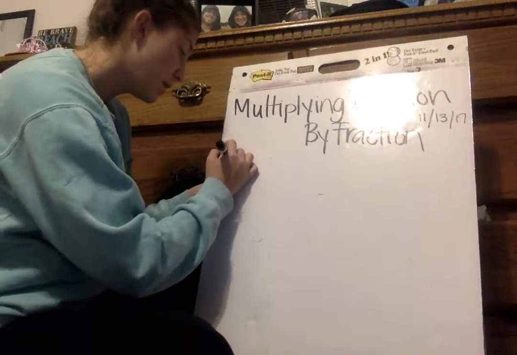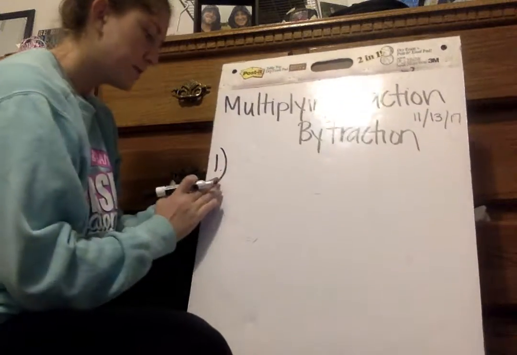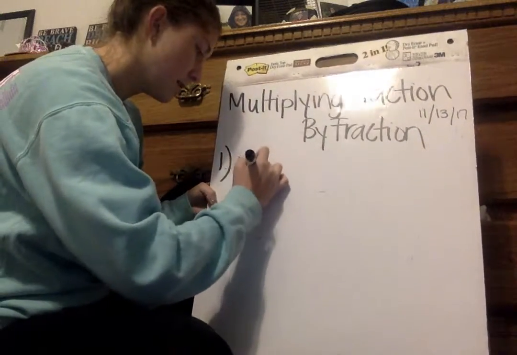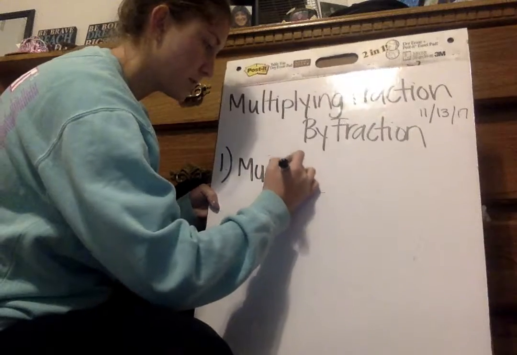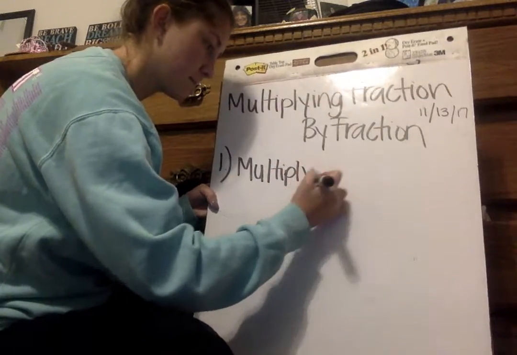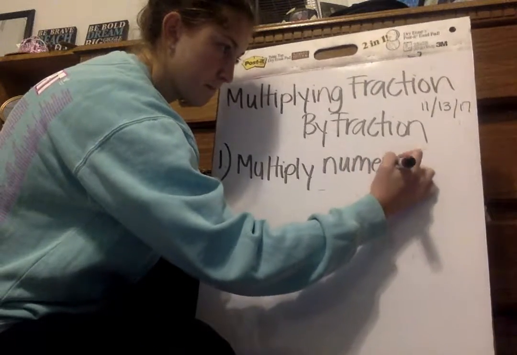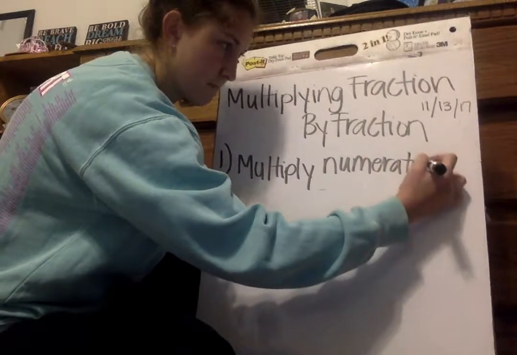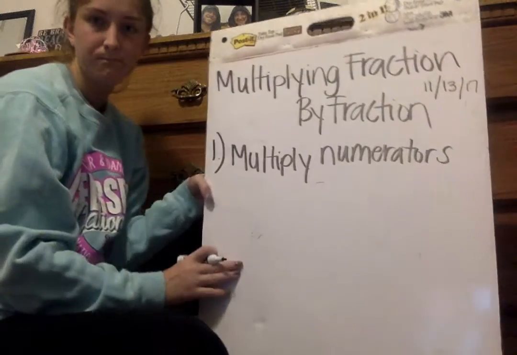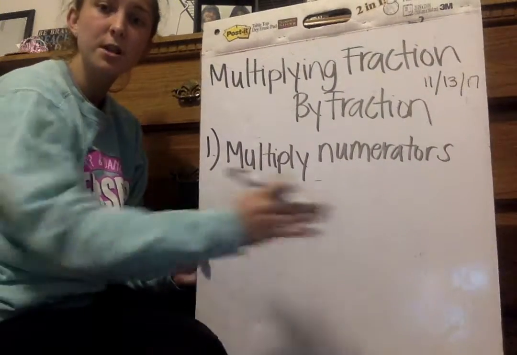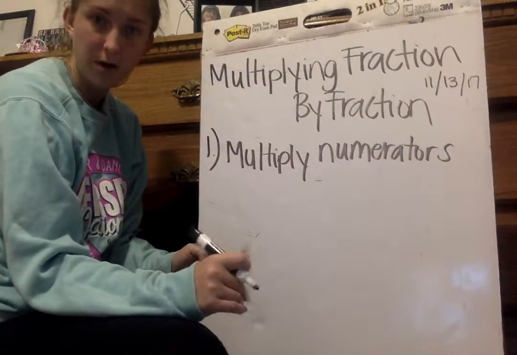So, step 1 is going to be to multiply your numerators. Pretty simple. You're just going to multiply your numerators straight across.